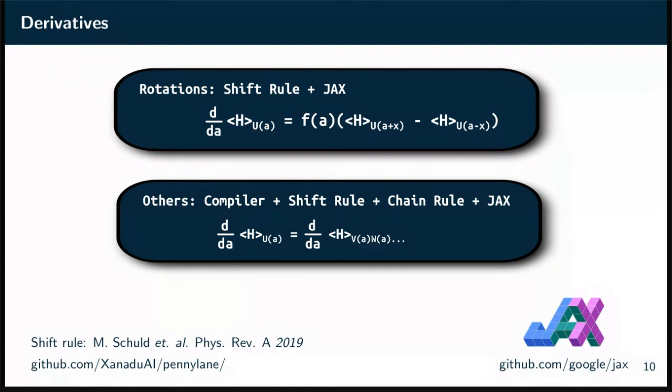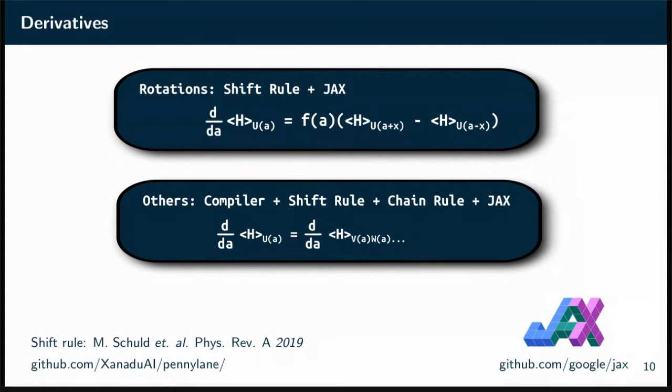But then the chain rule also comes into play, because now you have 2 gates on the same parameter. And this is more or less what Tequila does. If you demand the gradient, your circuit gets compiled into more primitive gates, and then you get back the objectives which correspond to the shift rule expectation values.